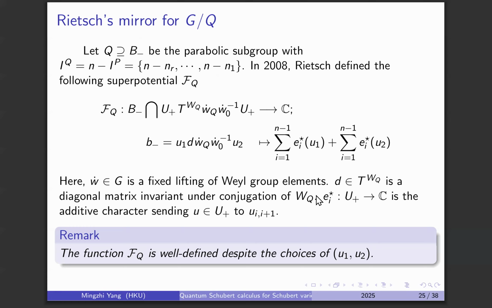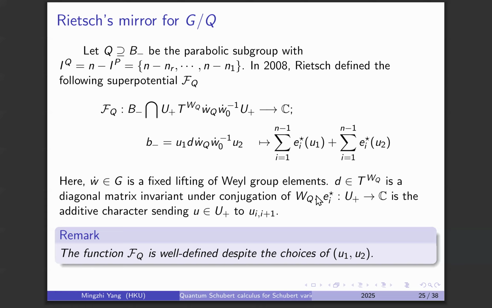So for any element in the domain, you can have a decomposition into U1 and U2, and then the function is defined by taking the sum of the matrix coefficients of both the diagonal of U1 and U2. And this function is well defined despite that you can have different choices of U1 and U2.